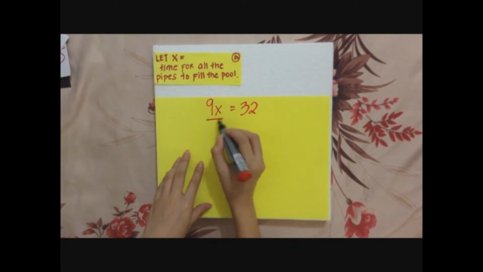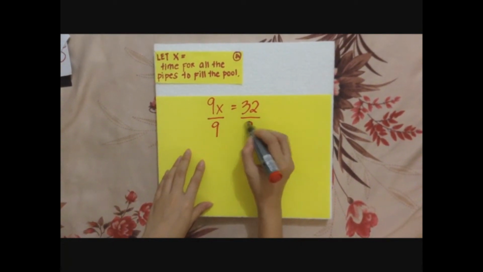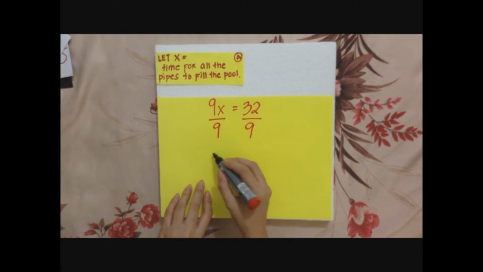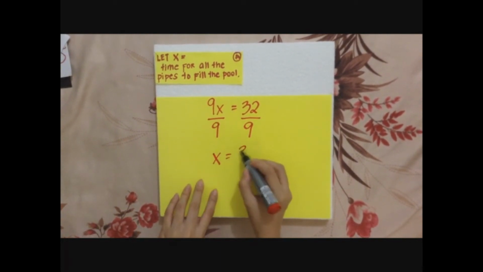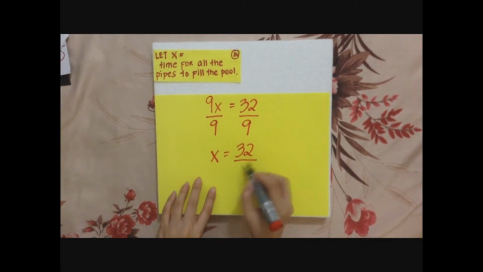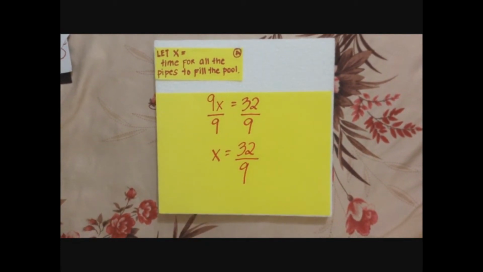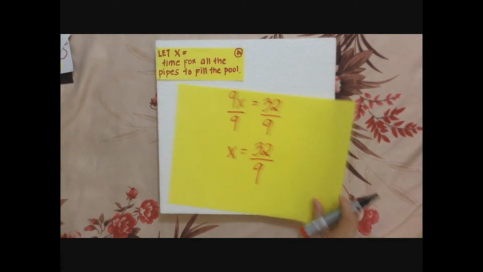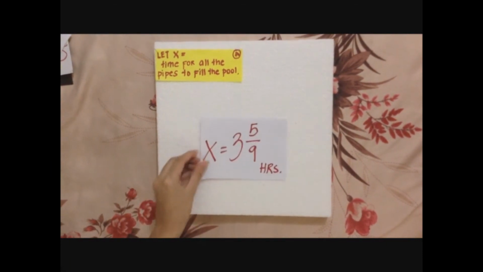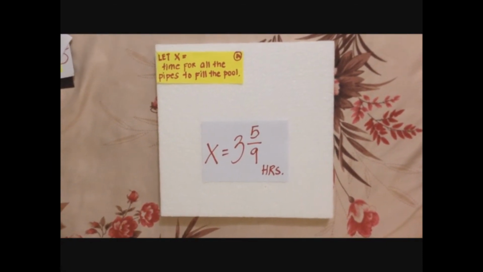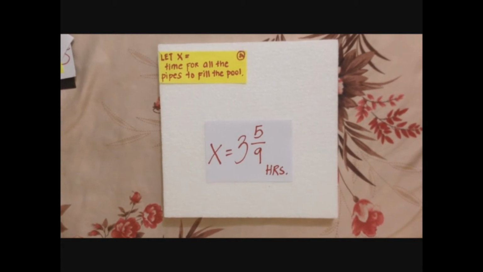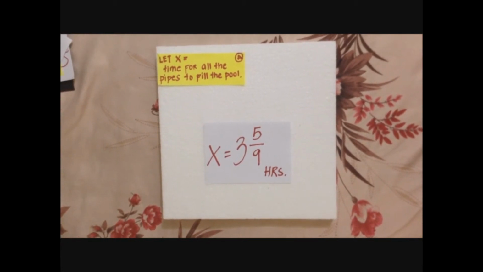To isolate x, we have to divide both sides by 9. Then we have x is 32 over 9. In other terms, it would take 3 hours and 5 over 9 minutes to fill the pool.